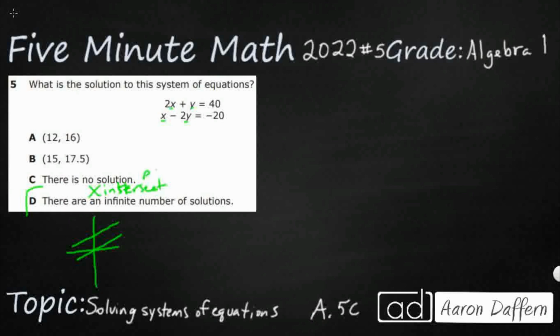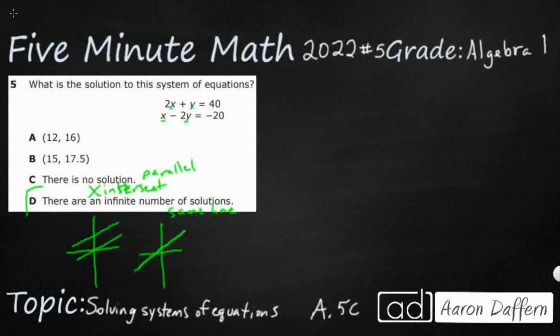Or there is an infinite number of solutions. What does that mean? Well, that means it's just the exact same line. Every single point is exactly the same. So those are our two options for C and D. They're either parallel or they have the exact same line.